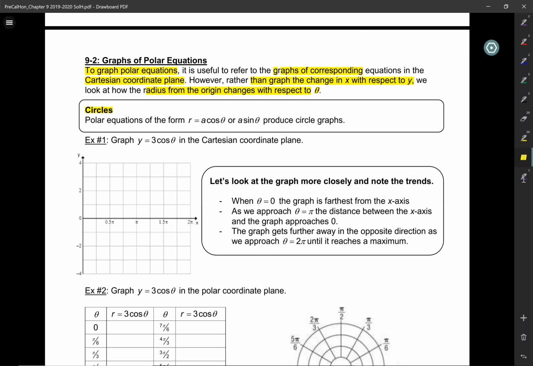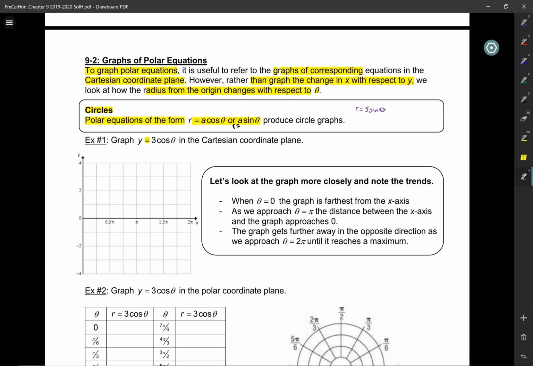Different shapes have their own form of equations. Circles have polar equations of the form r equals a cosine theta or r equals a sine theta. So for example, if I have r equals 5 sine theta, I know just by looking at it that that's going to be a circle.